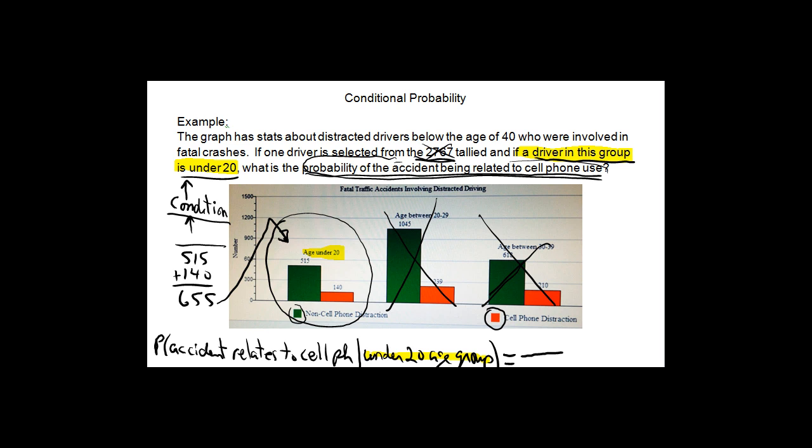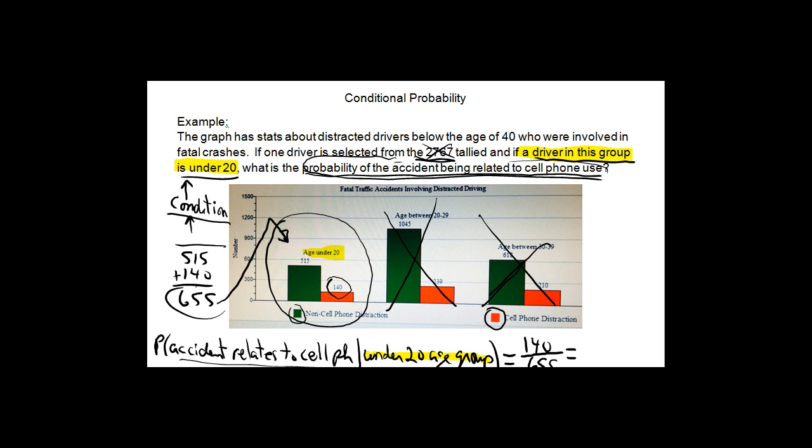So we want to know the probability that the accident relates to the cell phone. That would be the 140, so that goes in the numerator, over the number in the whole group, which is the 655. Now, this particular problem, I believe, wanted the answer written as a probability down to the third decimal place.